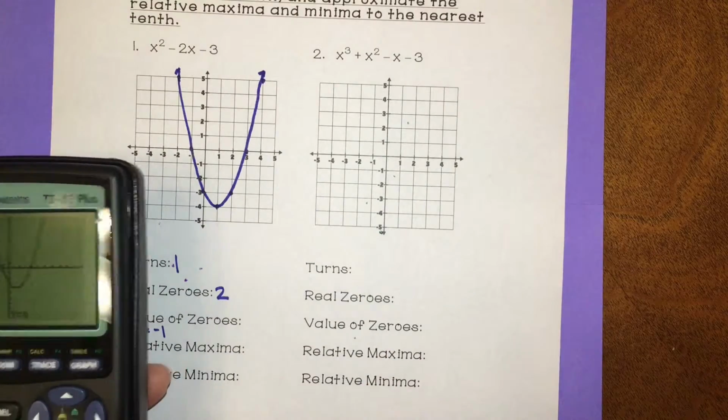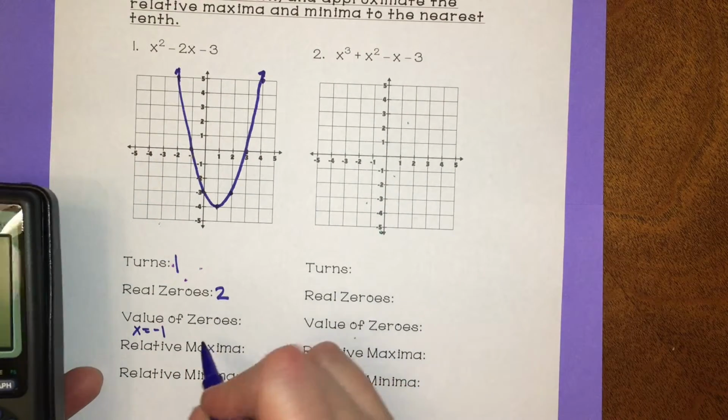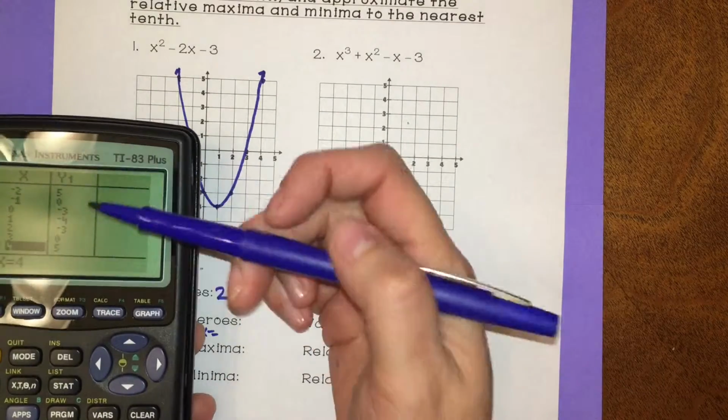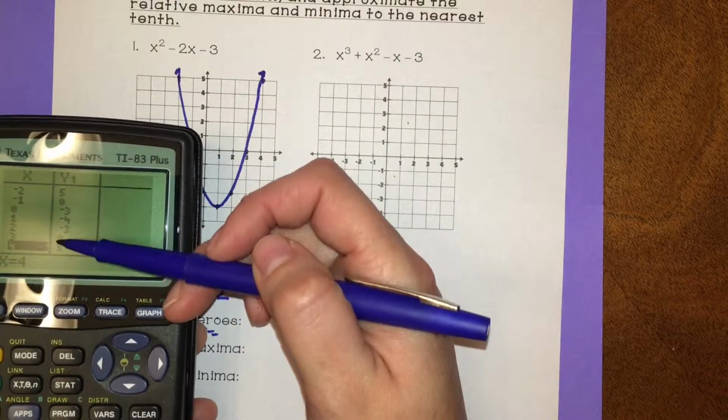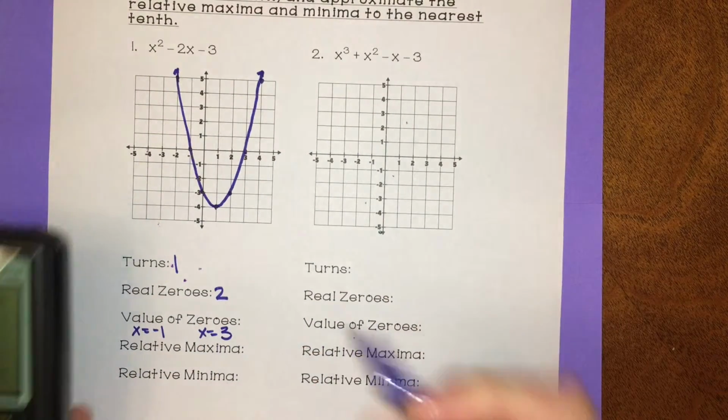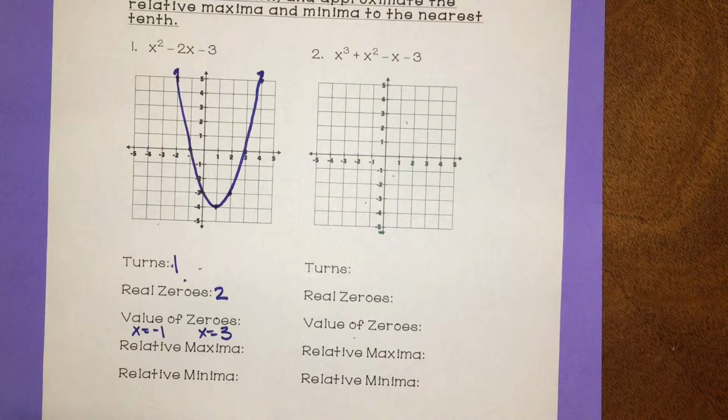And you could also get some of this information from the table. So there's two different ways. We did see that here's where y is 0. So the x coordinates are negative 1 and 3. So kind of easier to use that. Then your last one is your minima.